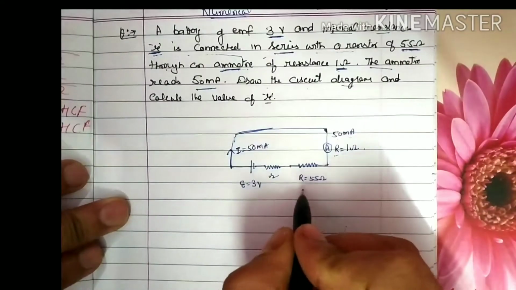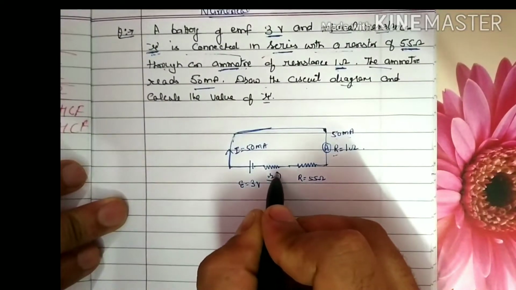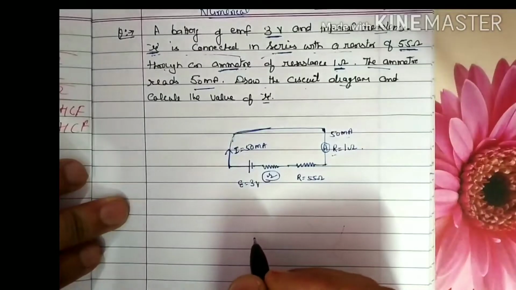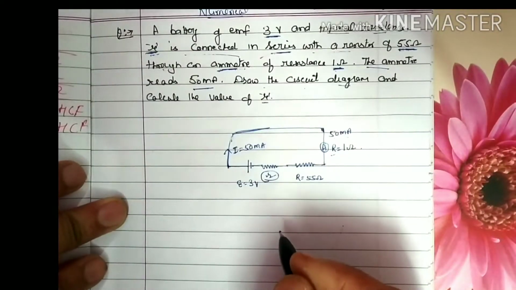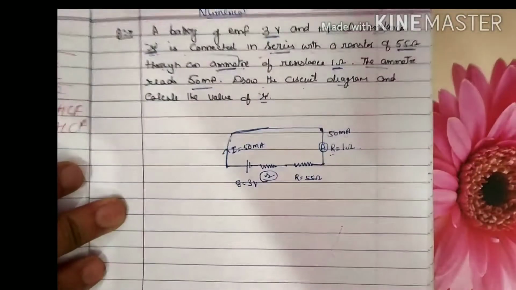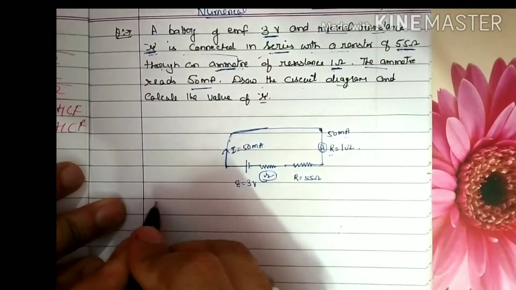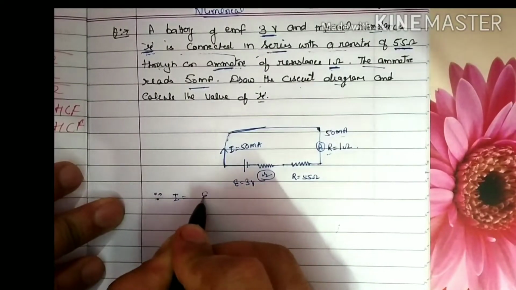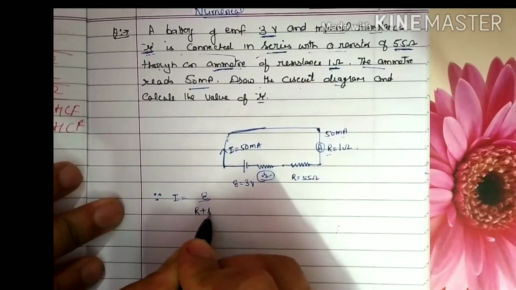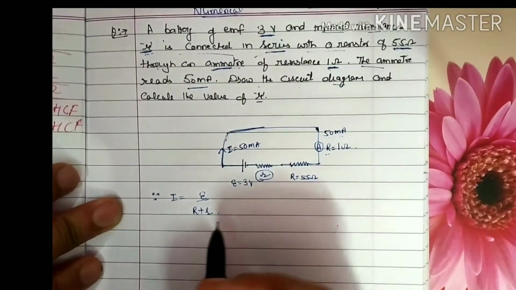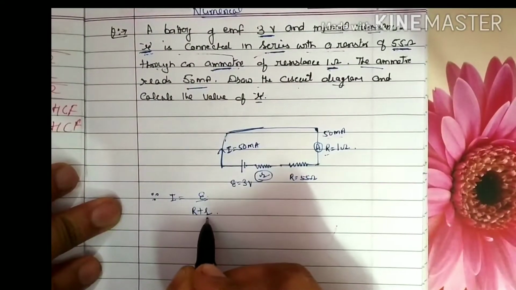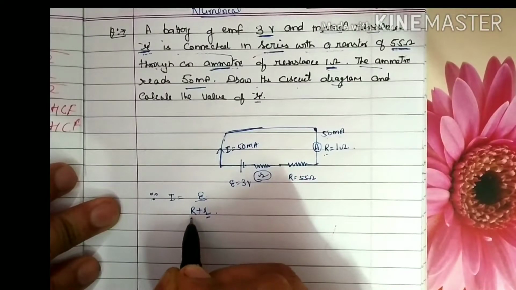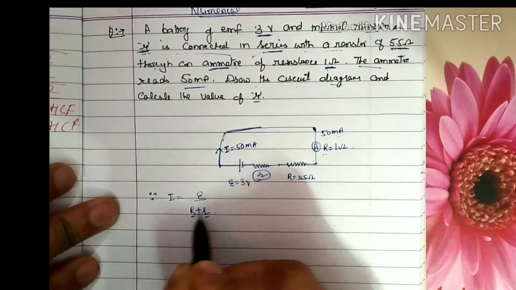Now we have to find out this small r. Simply we will use the formula I is equal to E over R plus small r. The value of E we know; this small r we have to calculate, and R is the resistance of the external circuit.